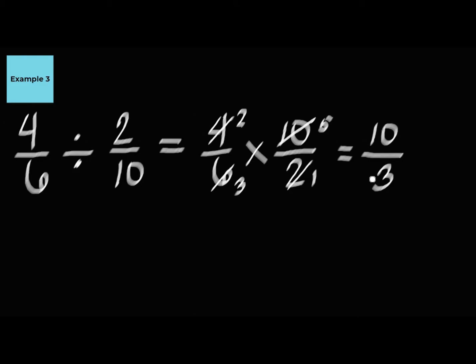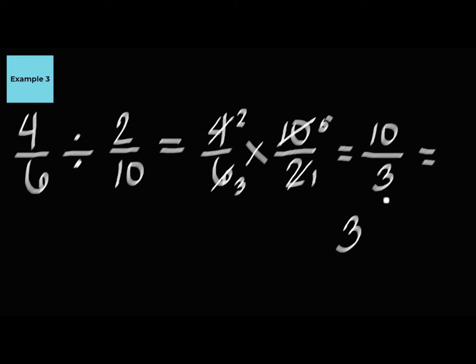Our answer is an improper fraction. We need it to be changed into a mixed number. 10 divided by 3 equals 3. 3 times 3 is 9.